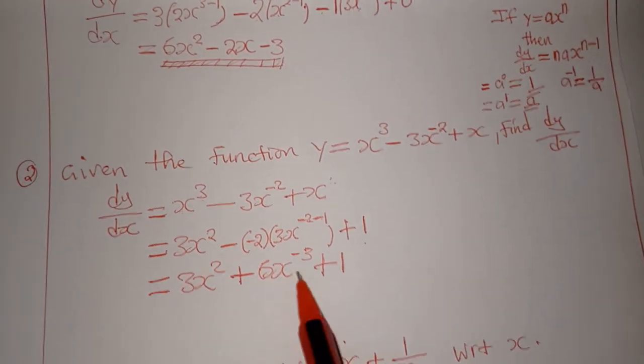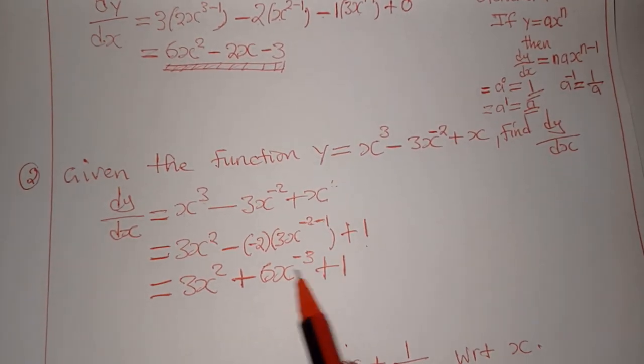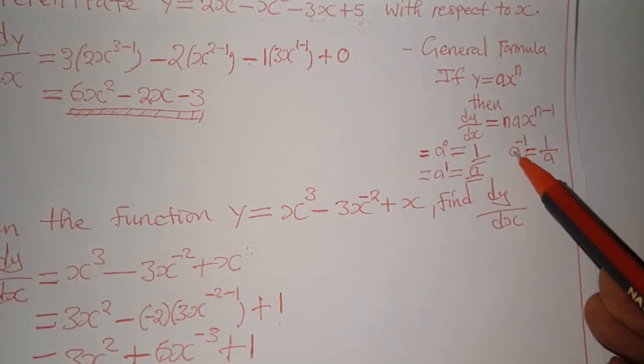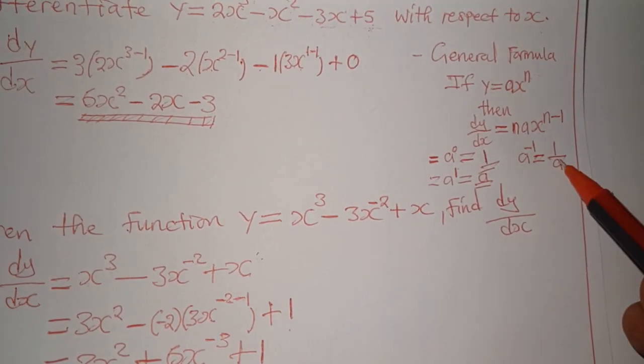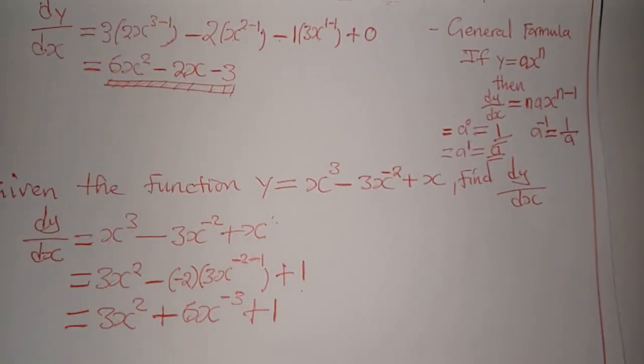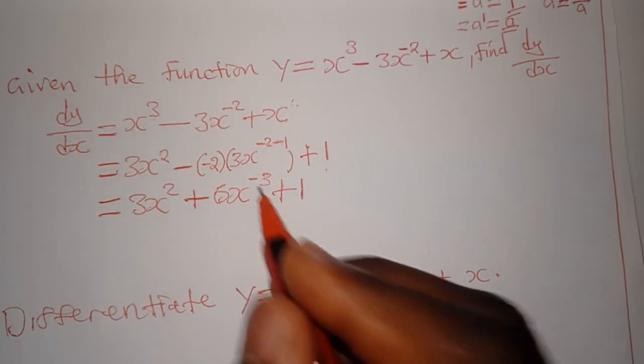Your final answer should not have a negative power. So we have to remove the negative power by coming back to what we said: a negative index can be written as positive by raising the power, introducing a 1 on top. So here we're going to introduce a 1.